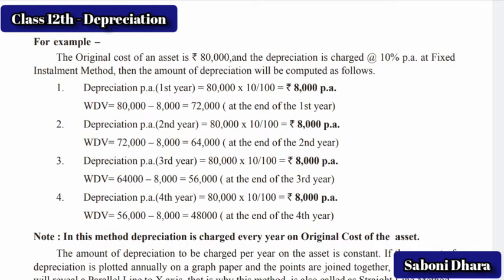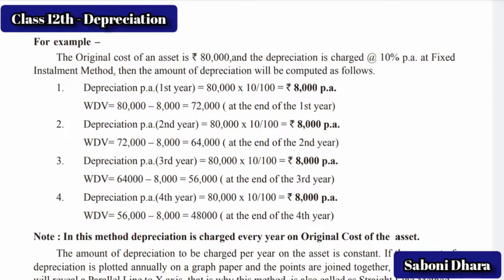Depreciation on the third year will again be 8,000, and then 64,000 minus 8,000 gives you 56,000. Like this it continues, and in the fourth year we get 48,000 for that particular asset.